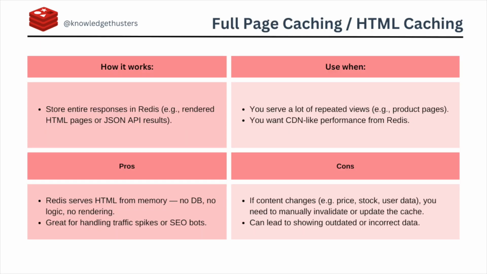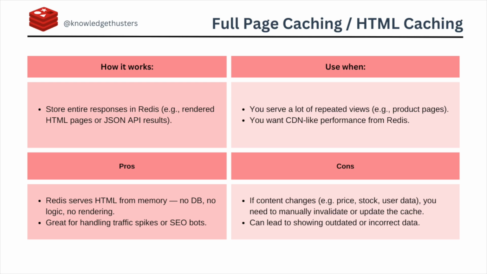The next strategy is full page caching. Let's say you want to store your entire response, like a complete HTML page, in Redis, then you can use this. When you have repeated views of a page, you can use this strategy, or in e-commerce, for example, you have a product page, and you can use caching there. It is best used when you have a lot of traffic and no calculations are happening, and you just want to display a page.